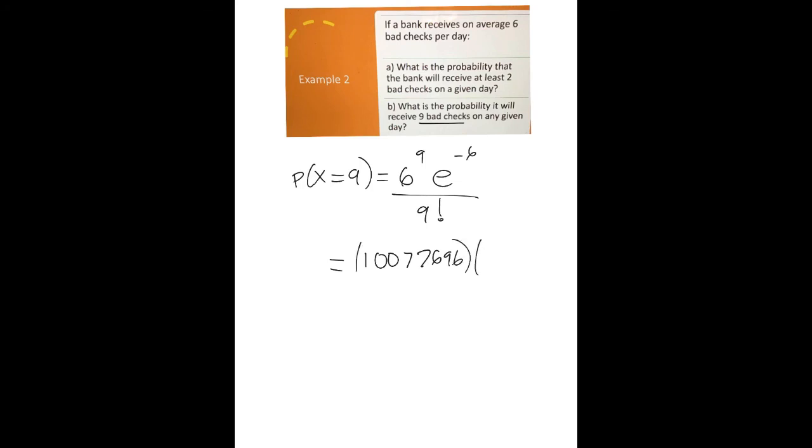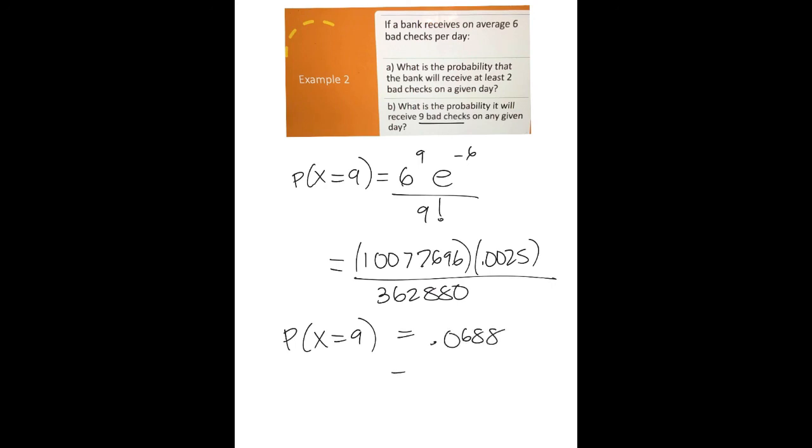E to the negative 6, as we found before, was 0.0025. 9 factorial is 362,880. So the probability that x is 9 is equal to 0.0688, or we could say 6.88%.